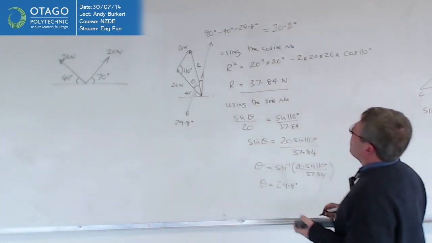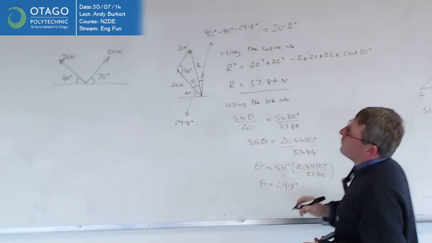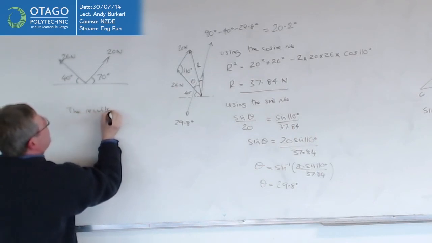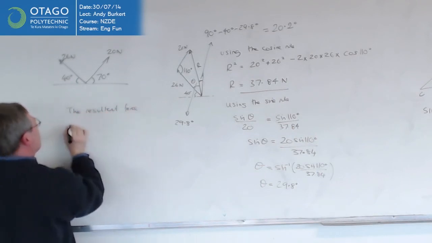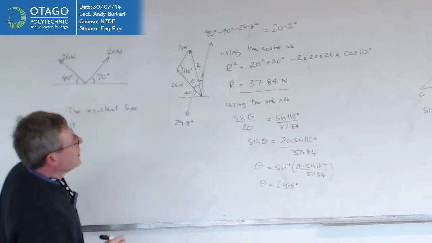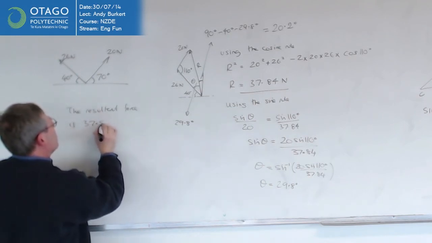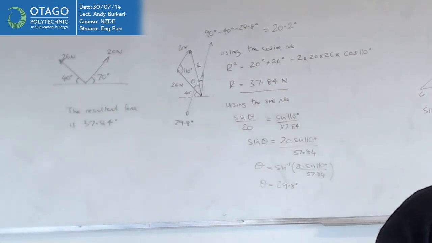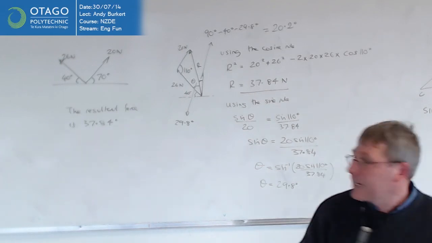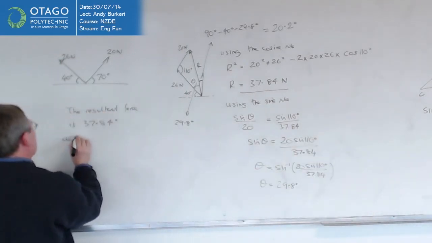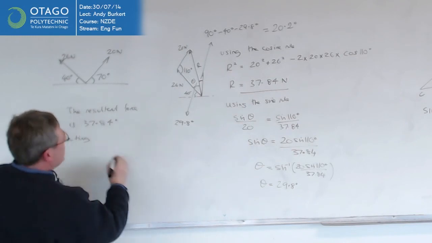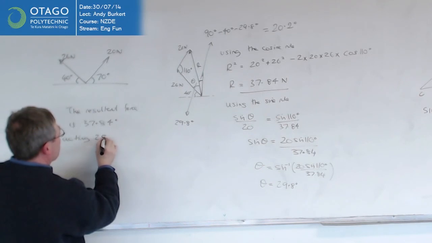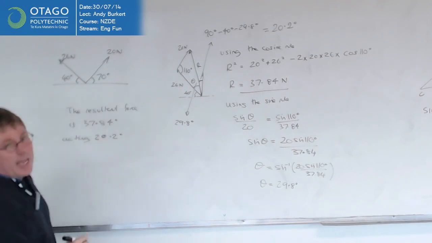Okay, so we can now finish it off, we can say the resultant force is, so what did we work it out? 37.84 newtons and it's acting 29.8, sorry, not 29.8, 20.2 degrees to the left of vertical.